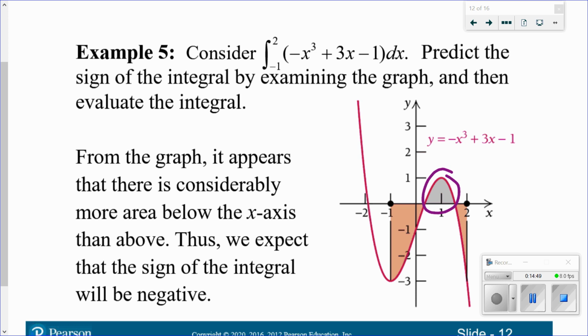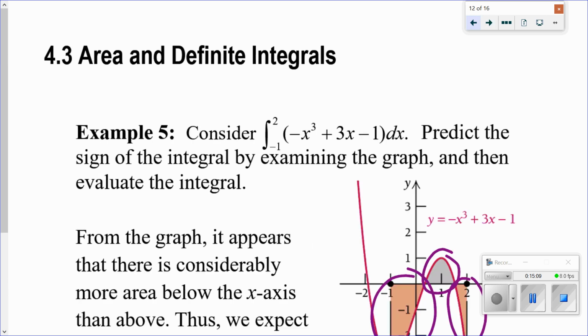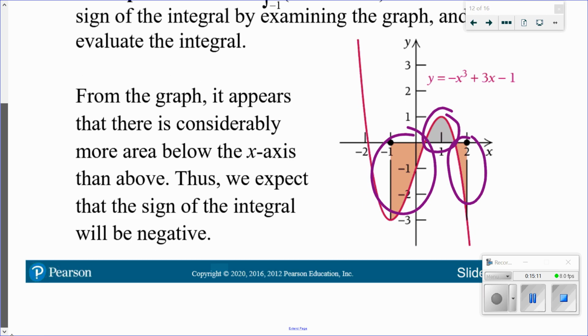So we have this area here, we have this area here, and we have this area here. There is more graph below the x-axis, which is the negative numbers. So we would actually think that the answer to this would probably be negative. So oops, let's go ahead and try it.